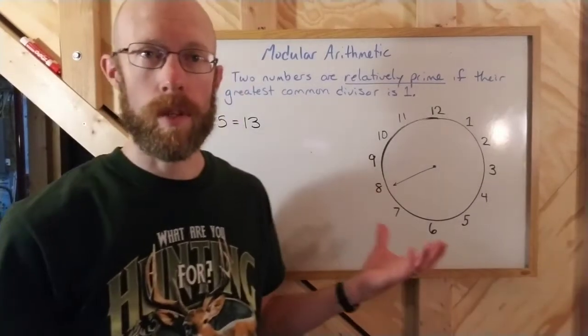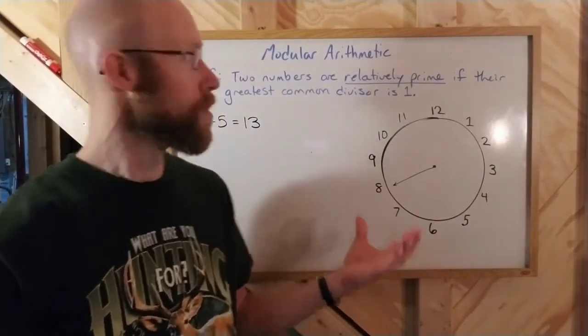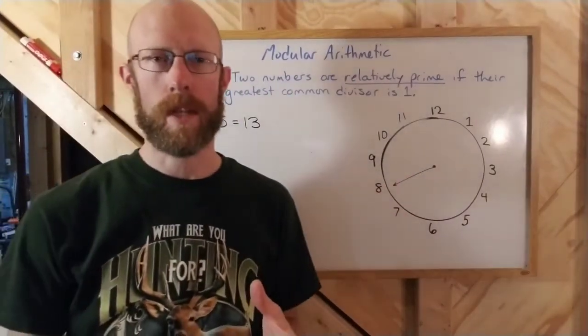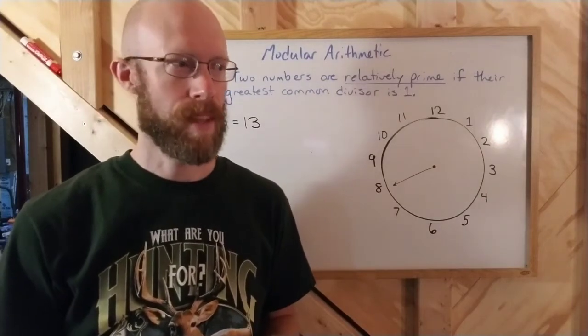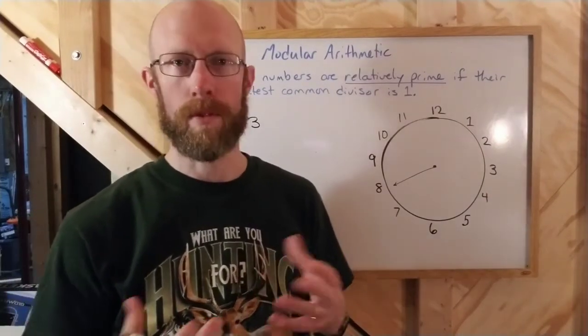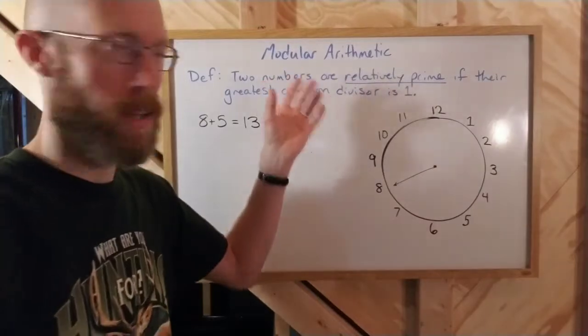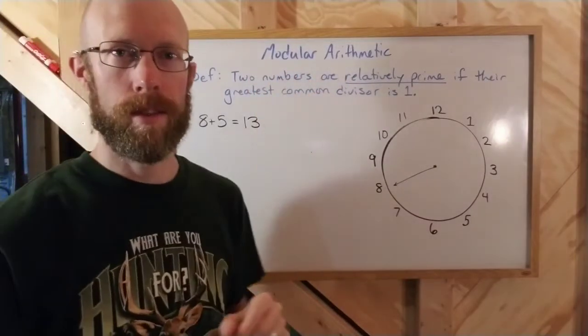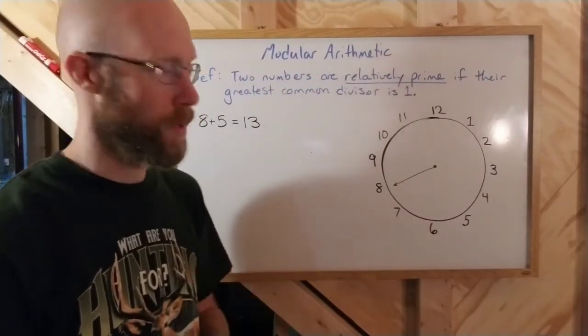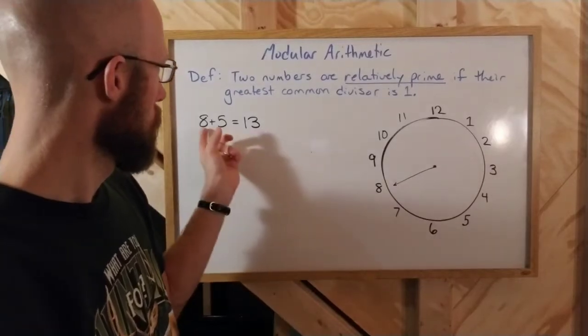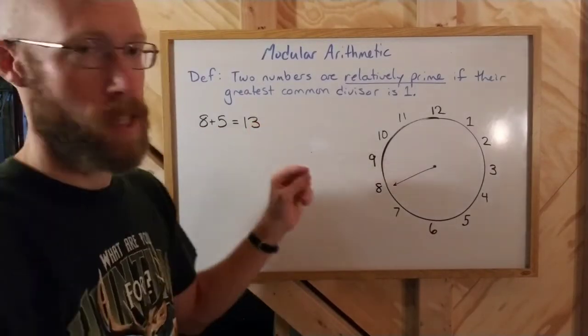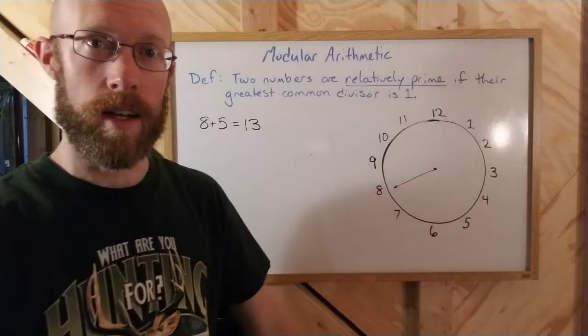But when we're dealing with clock arithmetic or modular arithmetic, which I think is the more accurate name, 8 plus 5 is not 13 on a 12-hour clock.